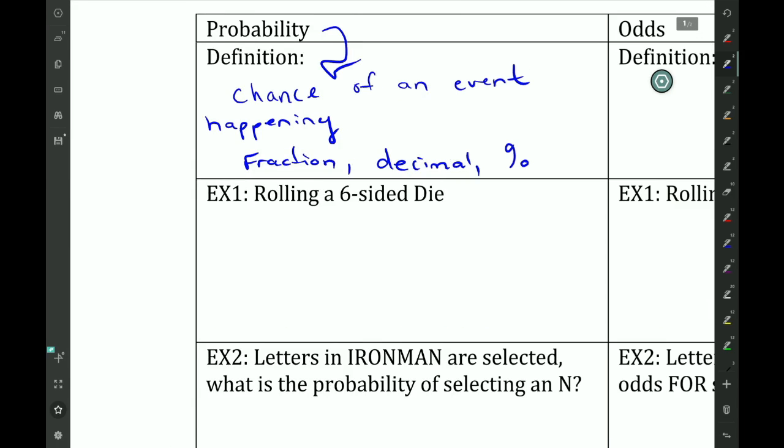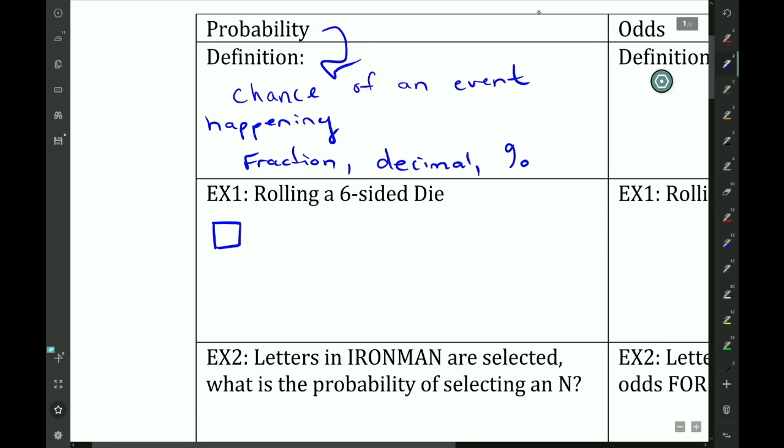So rolling a six-sided die, you should all be familiar, hopefully, with what a six-sided die looks like. 1, 2, 3. If you're rolling a six-sided die and you want to know the probability of getting a 1, probability is always what you want, so we want 1 to occur, and it's always over the total things in the event.